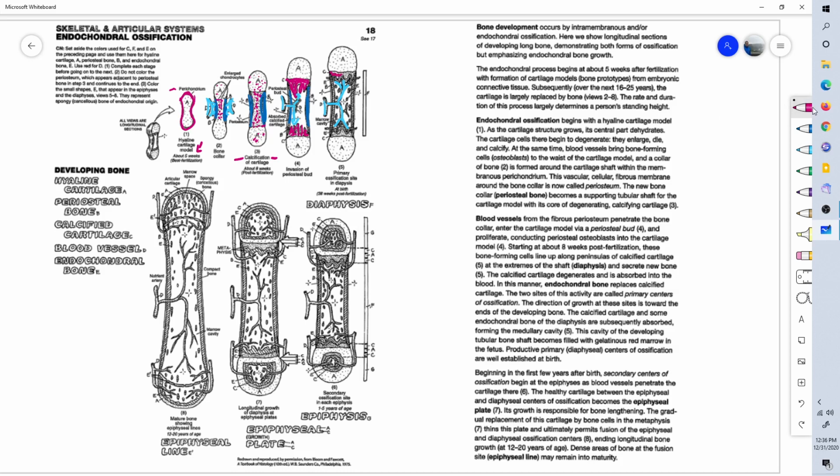See, the calcified cartilage here begins to be replaced by new bone, endochondral bone. So at the end of each diaphysis, endochondral bone right down here, E, is being laid down. The calcified cartilage is starting to be eaten up and dispersed and move on its way.